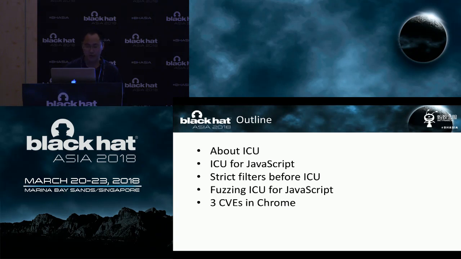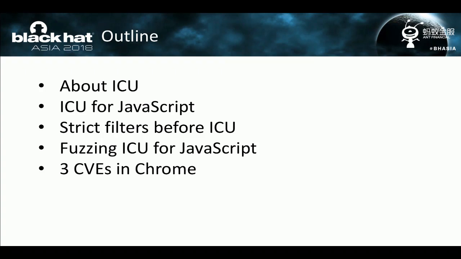The third part is the strict filters before ICU to protect ICU from being attacked from JavaScript. The fourth part is how to fuzz ICU vulnerabilities that can bypass all the strict filters. In the last part, I will show 3 CVEs that can work in Chrome. And one of them can work in Chrome, Safari, and Firefox.